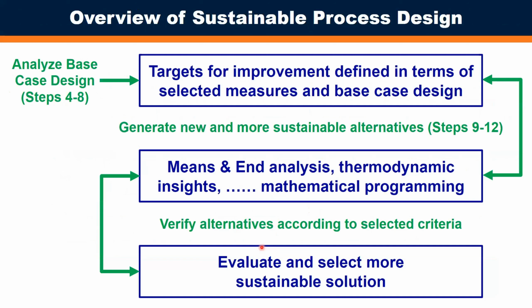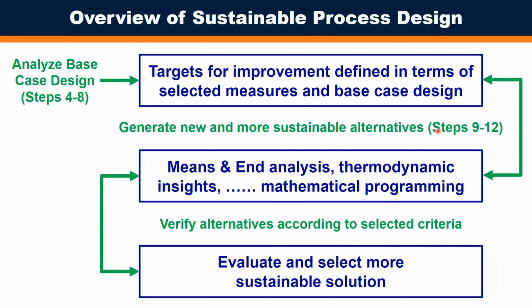This is just an overview of the parts that we've covered today. Steps 4 through 8 of the 12 steps is really where we've been focusing on analyzing the base case design that comes out here, and we specify targets for improvement. And then the next set of steps is where you generate more sustainable alternatives.